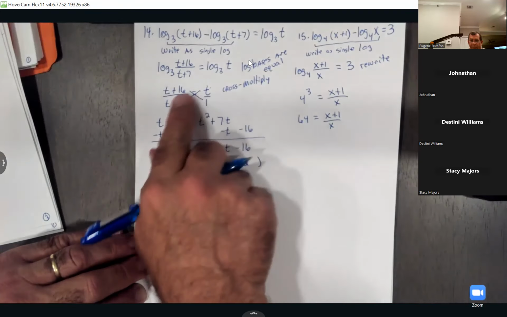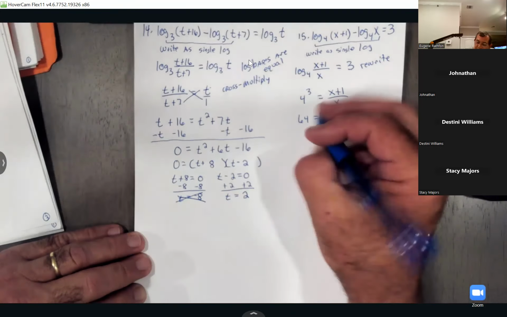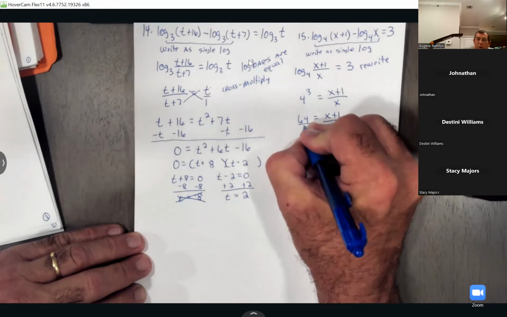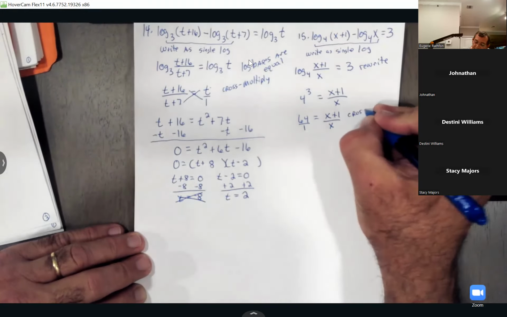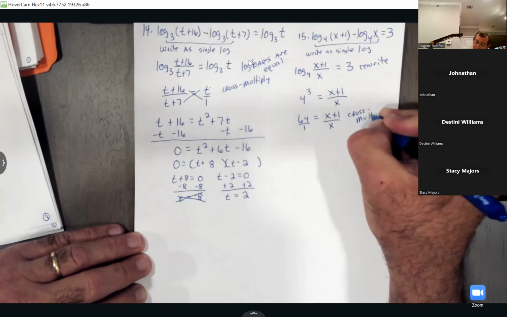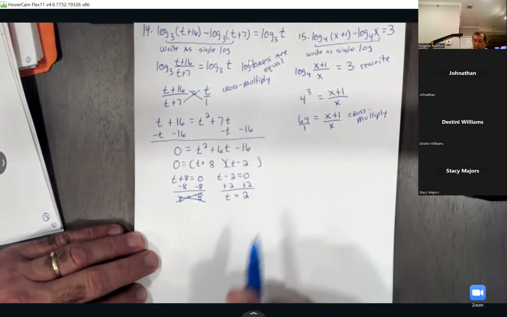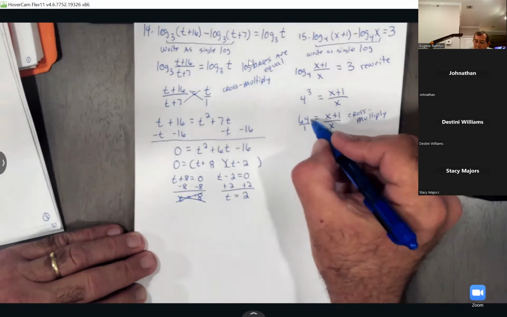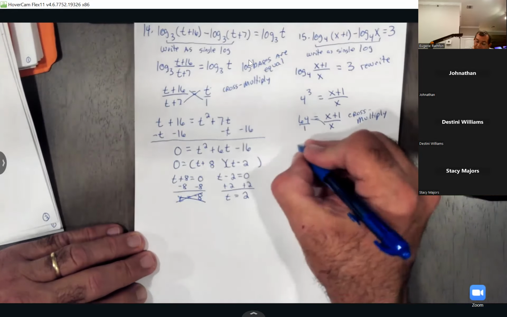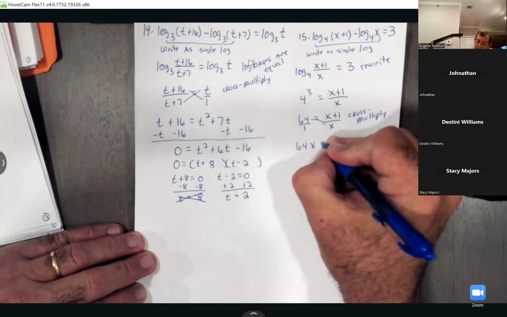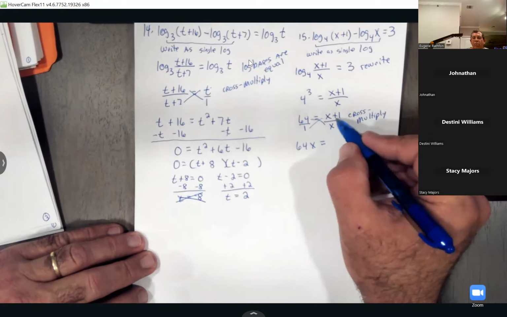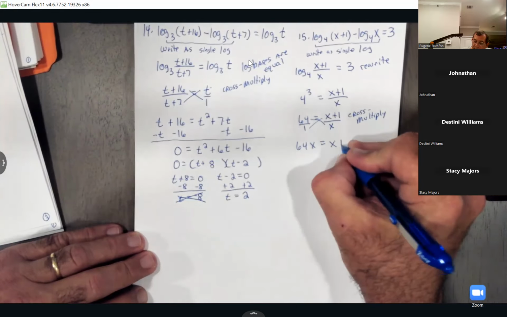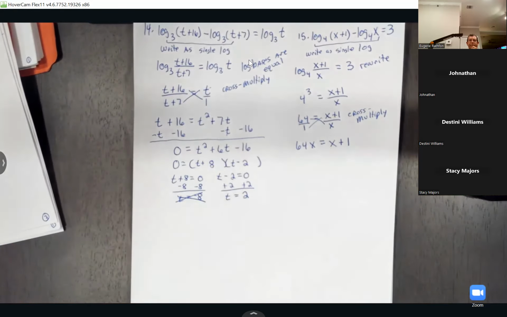But now I still got a fraction on one side and a whole number on the other. So I'm just going to throw a 1 under that 64, and I'm going to cross multiply. Y'all watch this. 64 times x gives me 64x. x plus 1 times 1 is just going to be x plus 1.